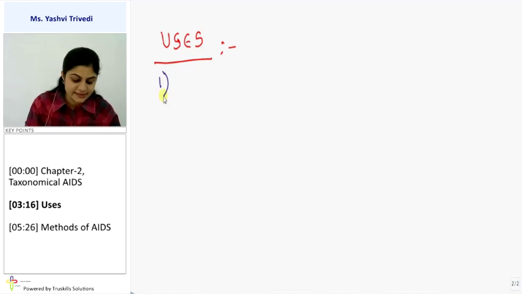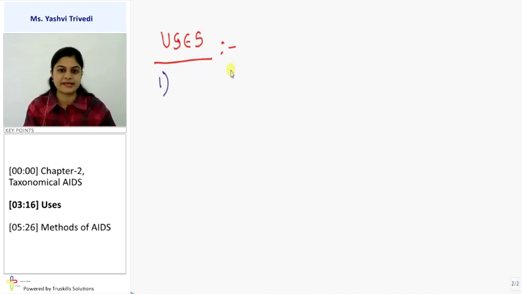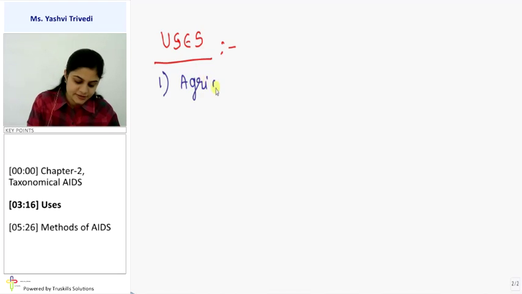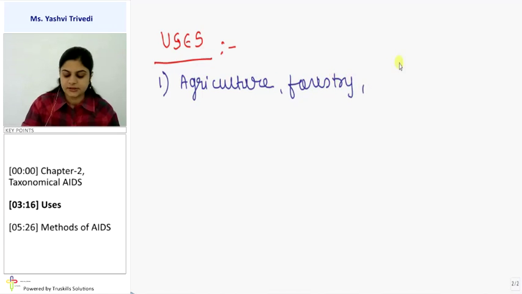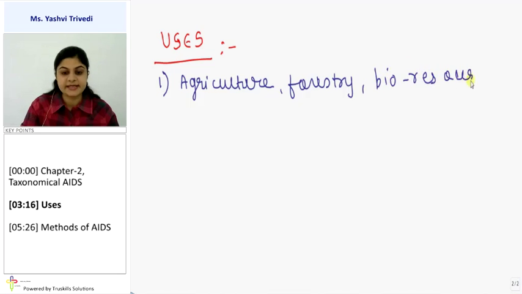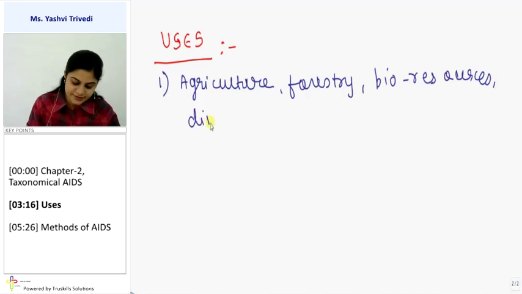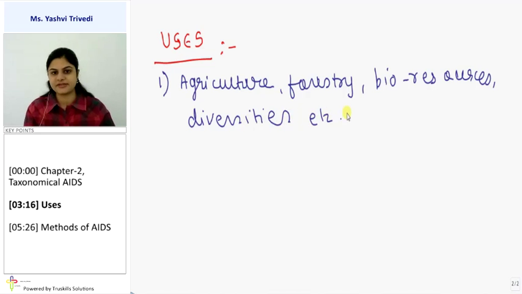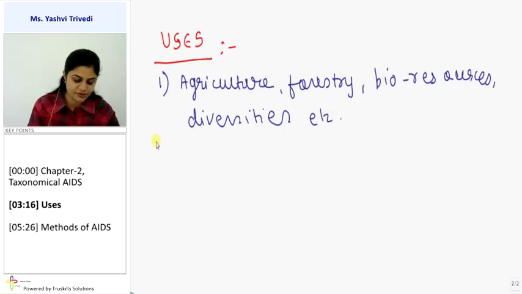First of all, when we are studying different types of taxonomical study, then we can get to know the information regarding various fields such as agriculture, forestry, then various types of bioresources which are there in our globe, various types of diversities which are there, etc. All those fields where different types of bioresources can be available can be studied with the help of taxonomical aids.